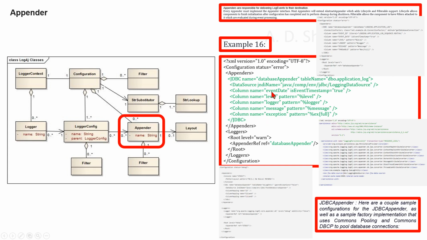Here is a couple of sample configurations for the JDBC appender, as well as a simple factory implementation that uses Commons Pooling and Commons DBCP to pool database connections.